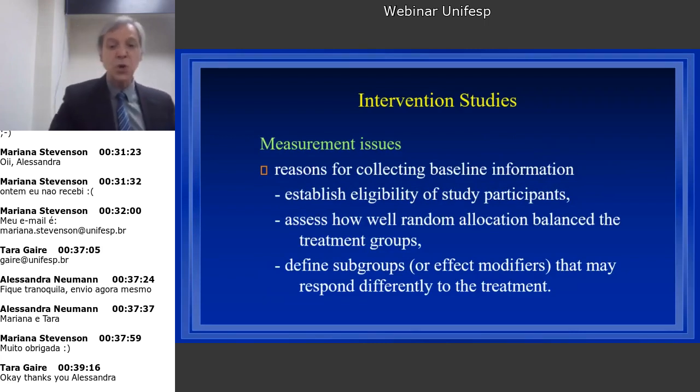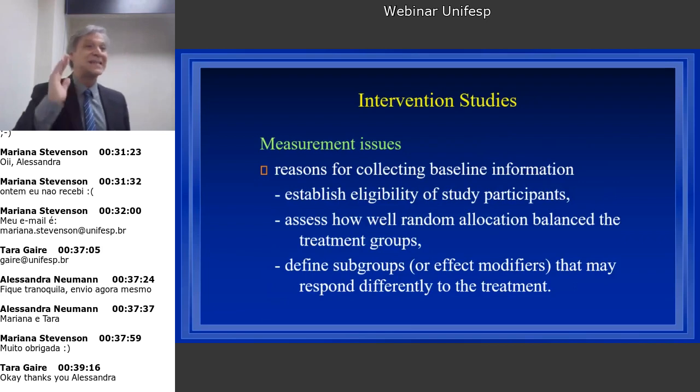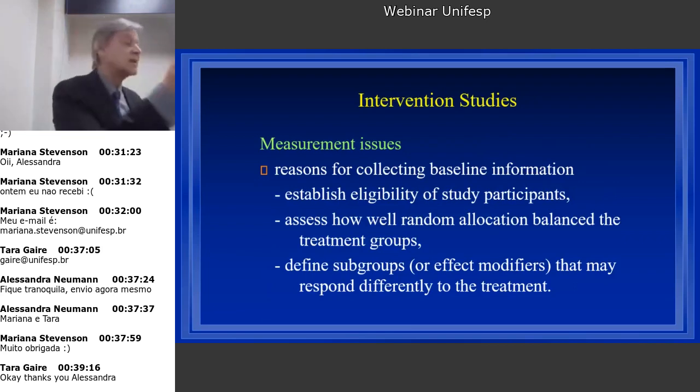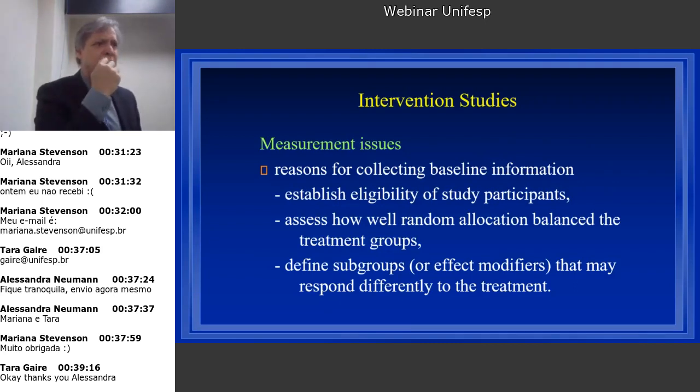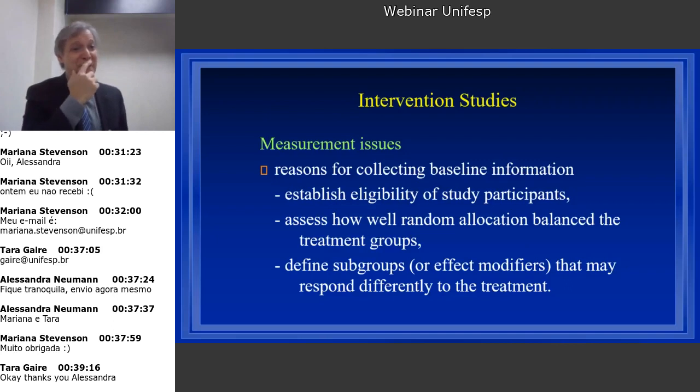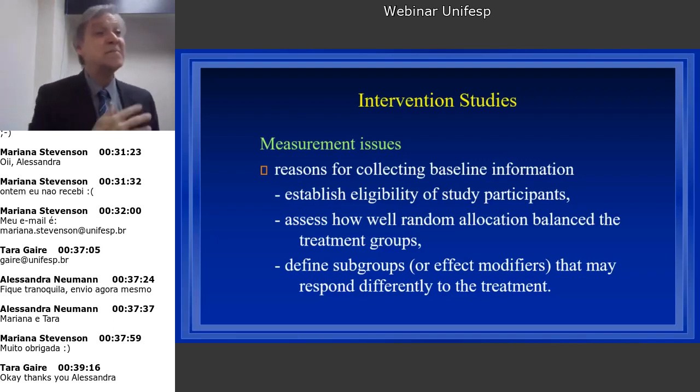Measurement issues. Reason for collecting baseline information. That is key. I've seen a published paper, a clinical trial, that didn't have baseline. Bad journal, isn't it? Very bad. Because that's the minimum. A baseline assessment is going to tell if your randomization works.